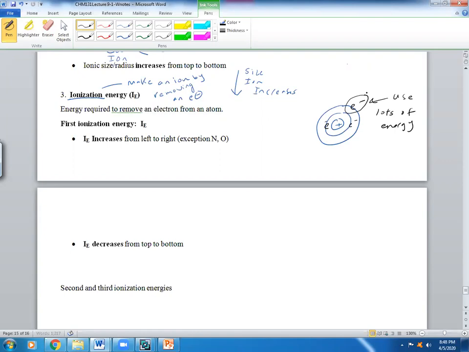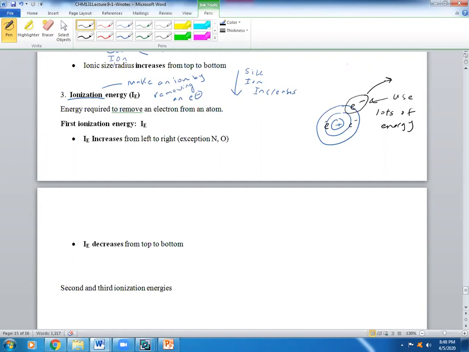To fling this one out, you have to use a large amount of energy, comparably to the transitions, n from n smaller to n larger, so on and so forth.